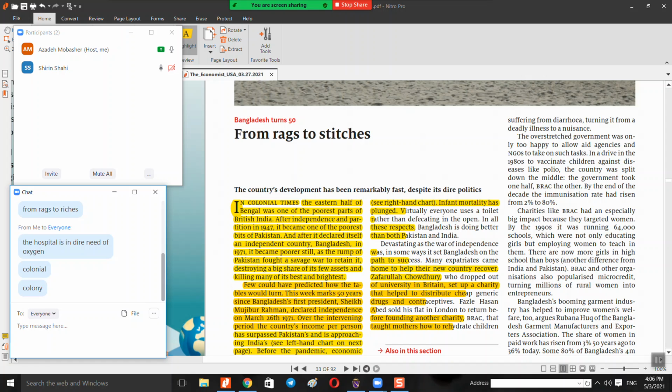When a country is divided into parts, into two parts. Yes, very good. Partition. We use the word partition in another context too. Partition bandi. Yes, very good.